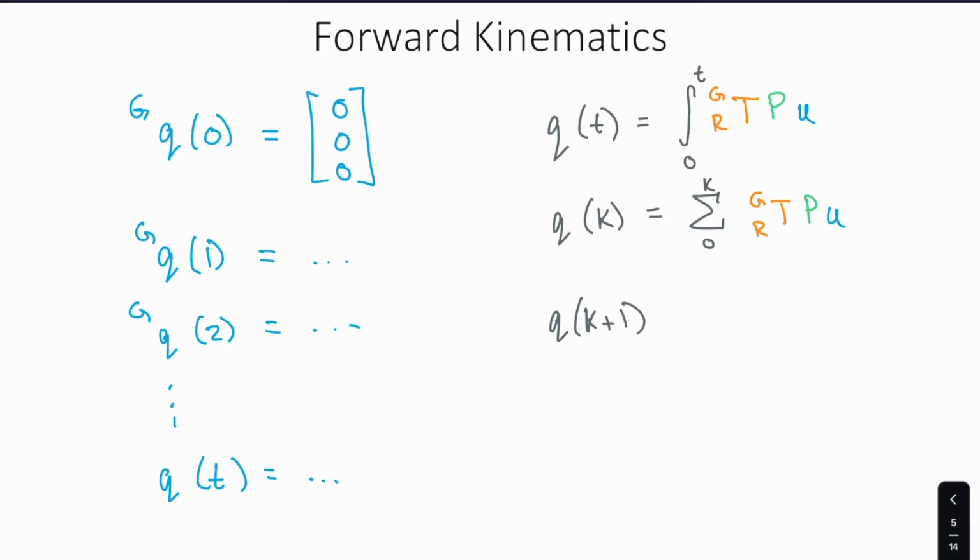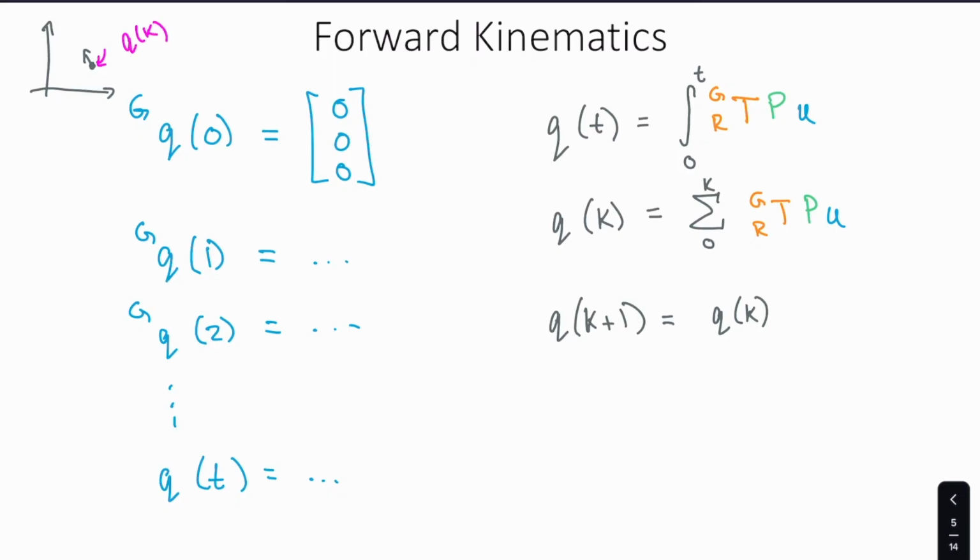We'll say where you end up at the next time step is a function of where you are now. So if I were to quickly draw a diagram here, and the robot is currently right here facing this direction, you would say that its current location is Q at time k.